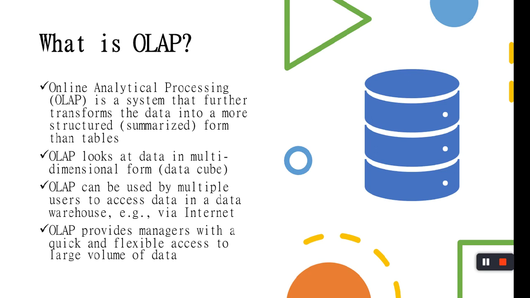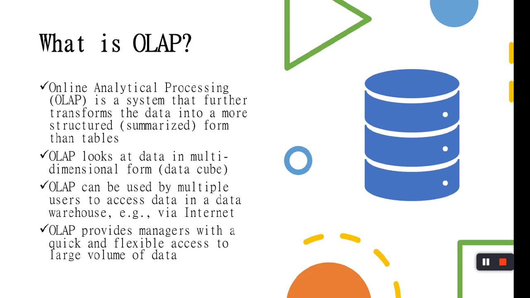So normally we look at data using OLAP in a data cube presentation. OLAP can be used by multiple users to access data in a data warehouse, for example via the internet. So, for example, we have one data warehouse for the entire company.